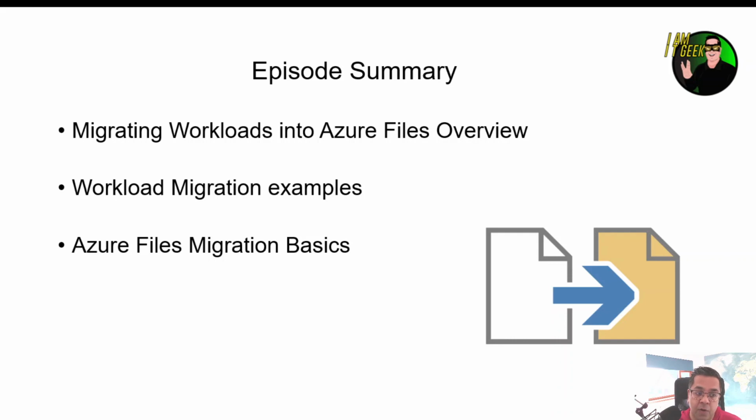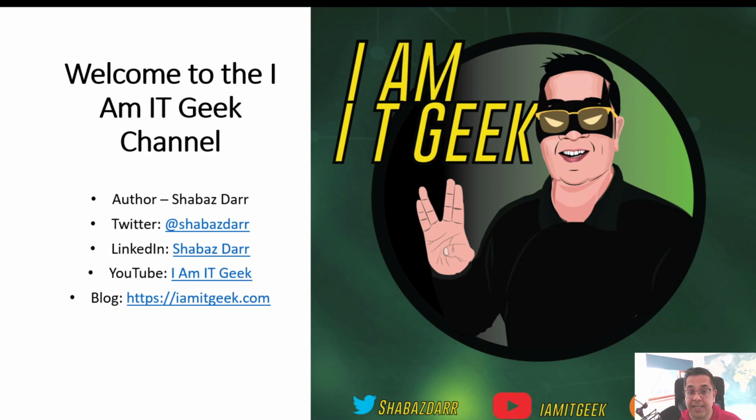Then looked at some more migration basics around Azure Files. Looked at some of the tool set then, so we looked at Robocopy, Azure File Sync Agent, which is what we used, as well as some of the unsupported tool sets. And finally, went through a demo of how to set up Azure File Sync Agent and allow that to sync up from on-premises up to Azure Files. So that's the episode done.